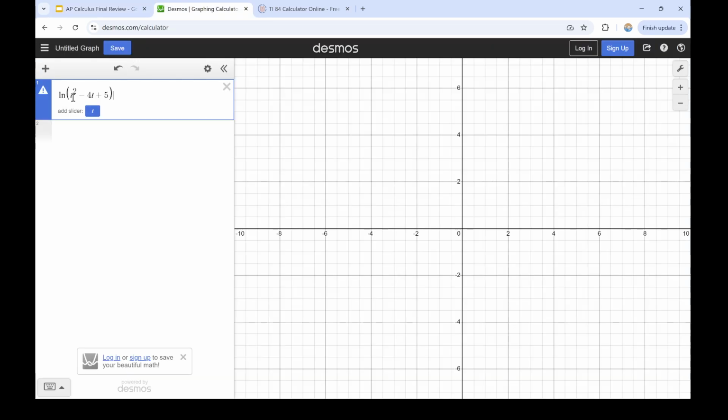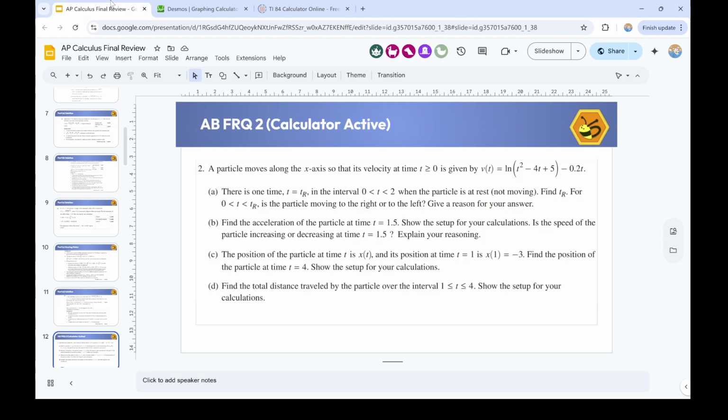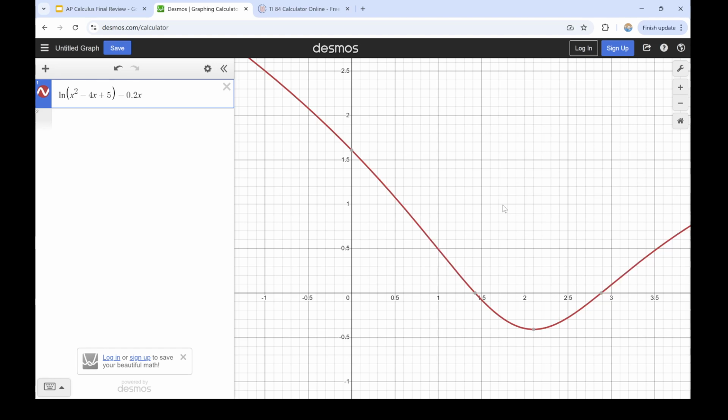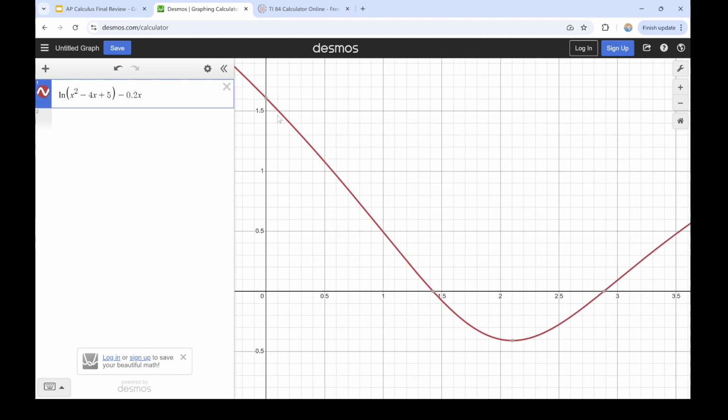I might need to use x instead here. Between 0 and 2, we see that the velocity, which is this function, is positive between 0 and 1.426. We get the value directly from clicking here.